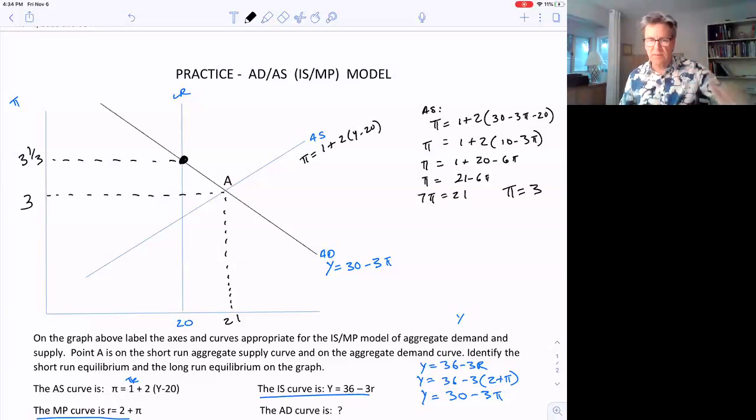and that aggregate supply curve is going to have to slowly move up. Currently, that aggregate supply curve has expectations of inflation equal to 1, but inflation is actually 3. So inflation expectations are going to have to change from 1 up to 3%.